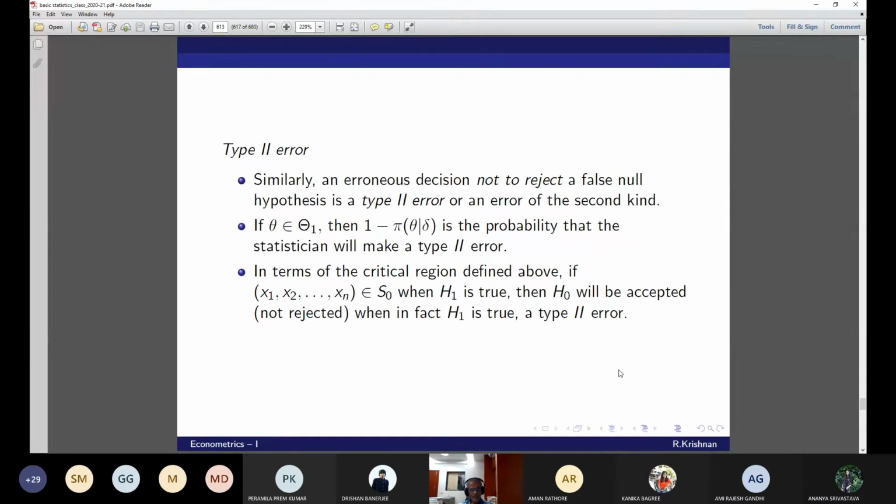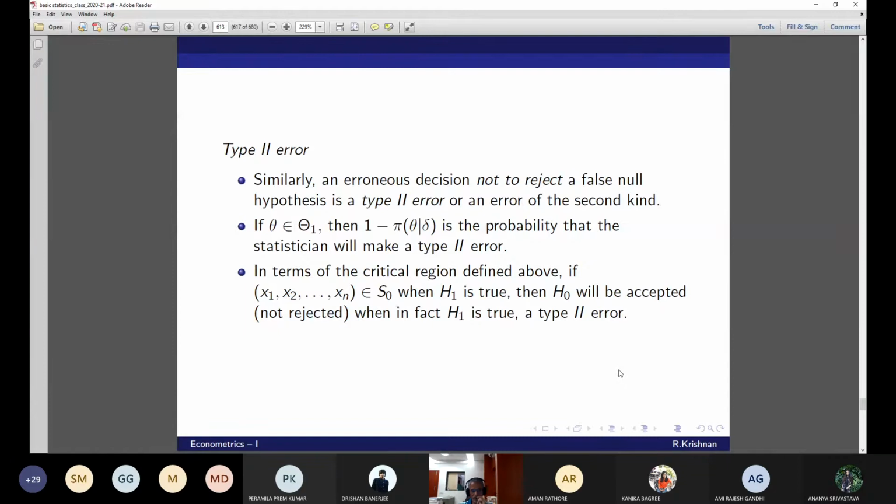Again, if theta is in the rejection region, then 1 minus this is the probability that the statistician will make a type 2 error. In terms of the critical region, when H1 is true, then H0 will be accepted and not rejected when in fact H1 is true.